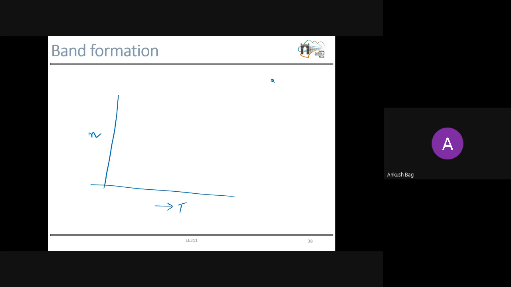I hope you know that in terms of doping, or carrier behavior, there are two types of semiconductor. One is intrinsic, another is extrinsic. In an intrinsic semiconductor you have not doped the semiconductor, and in an extrinsic semiconductor you have doped.